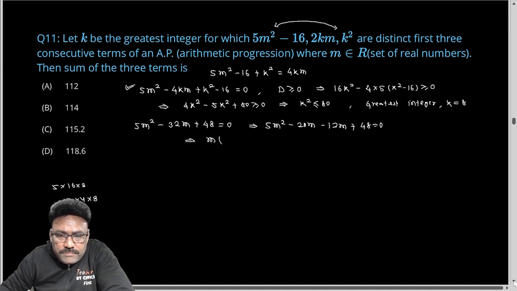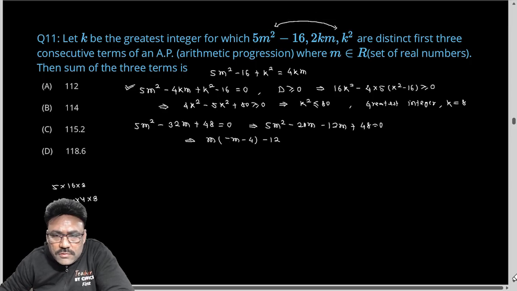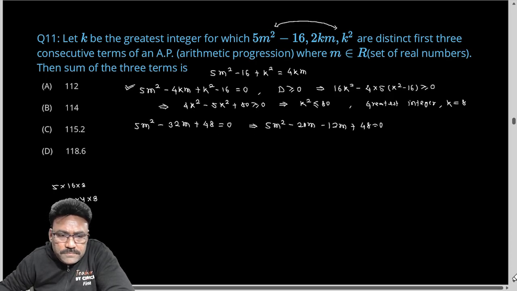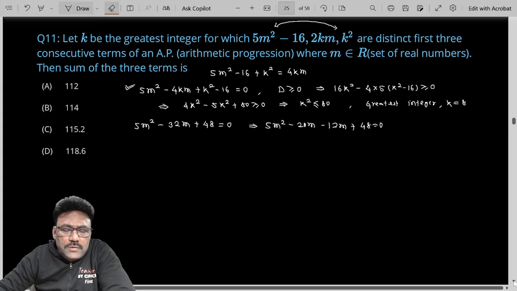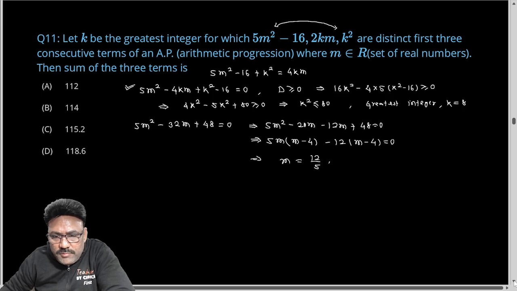Now take m common. So if I take 5m common here, so m minus 4 and minus 12 common here, m minus 4. So two possibilities for m. m is either 12 by 5 or m is 4.